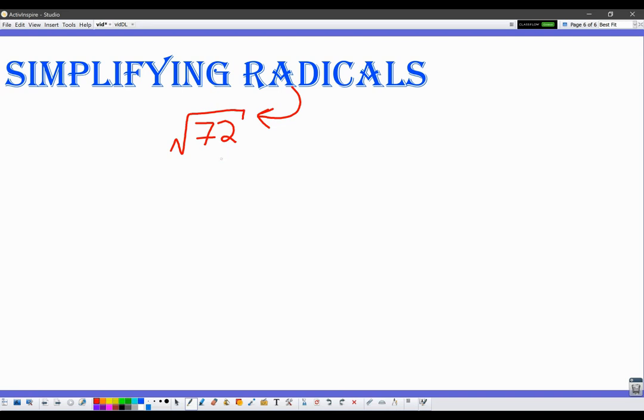To do this, we need to remember what prime factorization means. Sorry guys, I forgot how to spell. So prime factorization means if I factor a number, I'm trying to get as far down as I can.